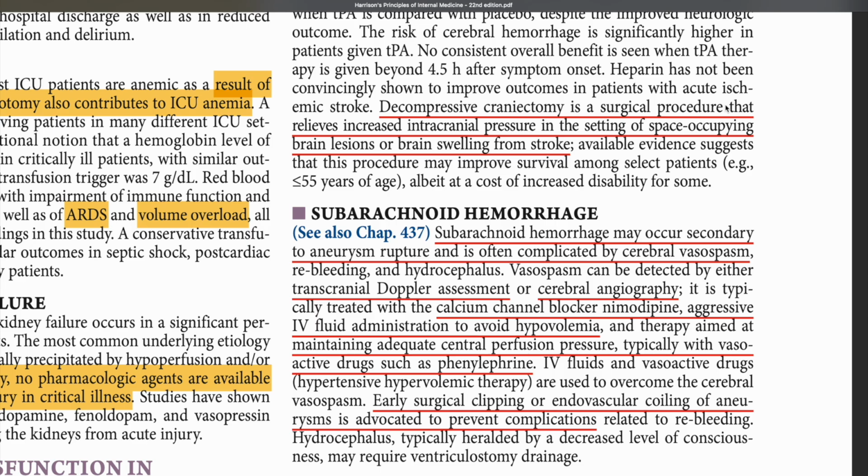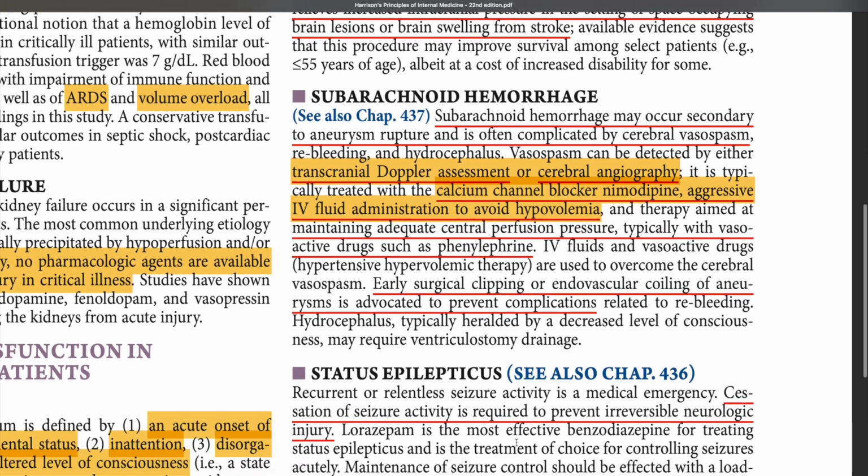This can be detected by transcranial Doppler assessment or cerebral angiography. It is typically treated with the calcium channel blocker nimodipine and aggressive IV fluid administration to avoid hypovolemia. Then early surgical clipping or endovascular coiling of aneurysms is advocated to prevent complications.